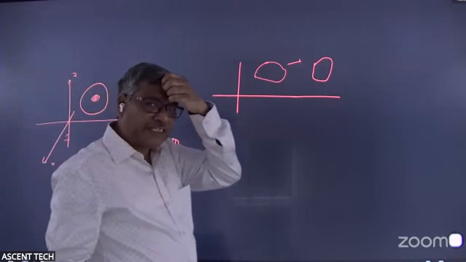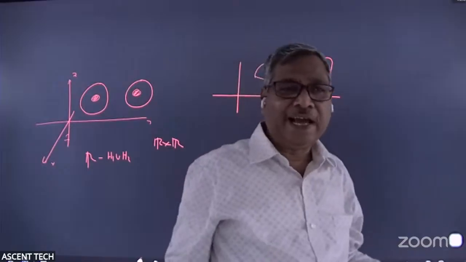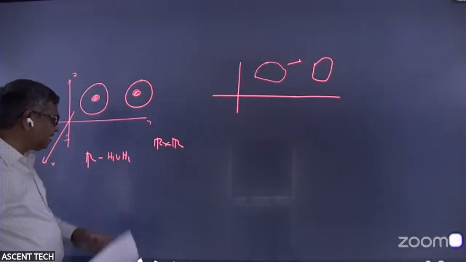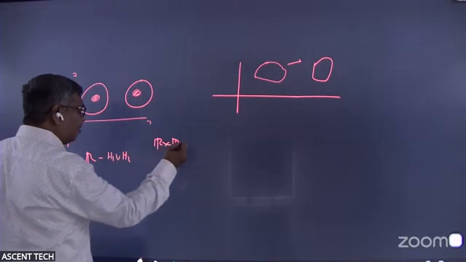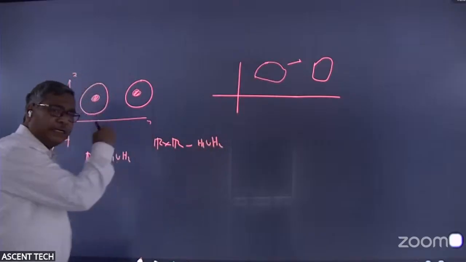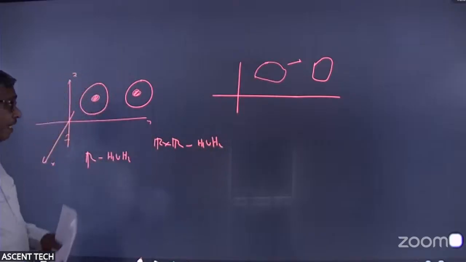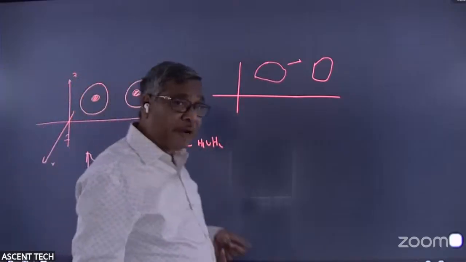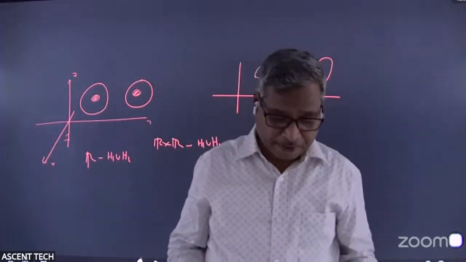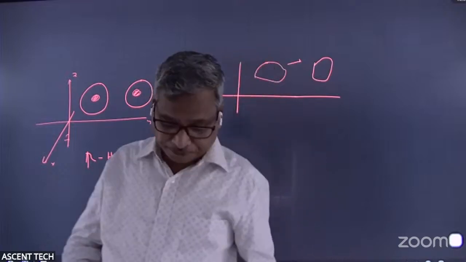Once you go for an extra dimension, you see suddenly that I can deform it into that. So this space as it is, R cross R, with these holes removed, doesn't have that feature. So the dimension is also going to matter whether I can deform one into the other or not.